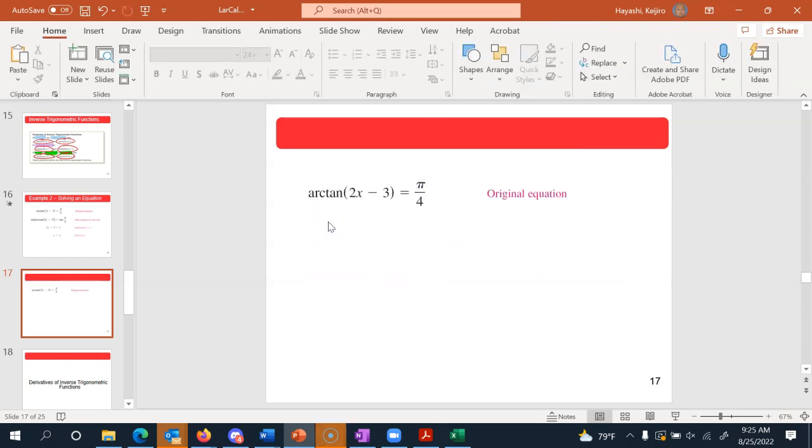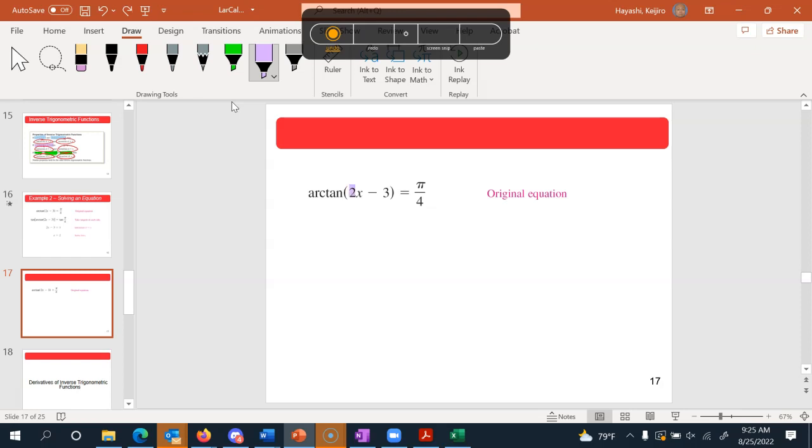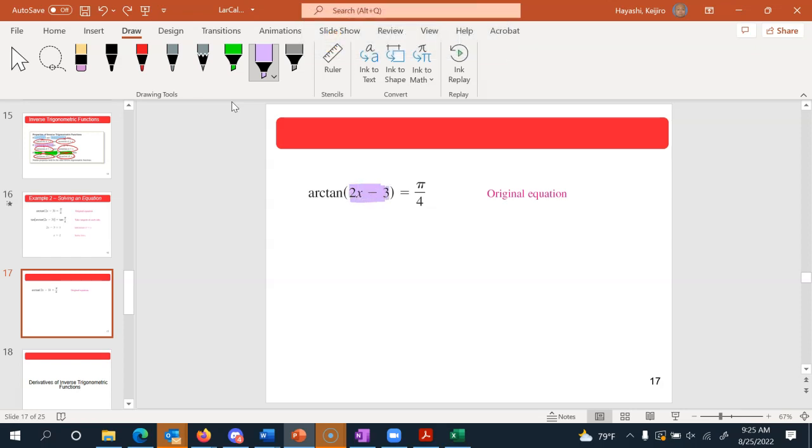Okay, so here's an equation. The arctan of 2 times some sort of value minus 3 gives pi over 4. So basically, this thing that I'm highlighting in purple, that is some sort of ratio.